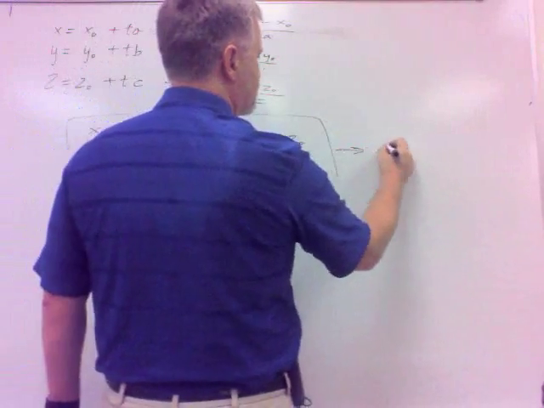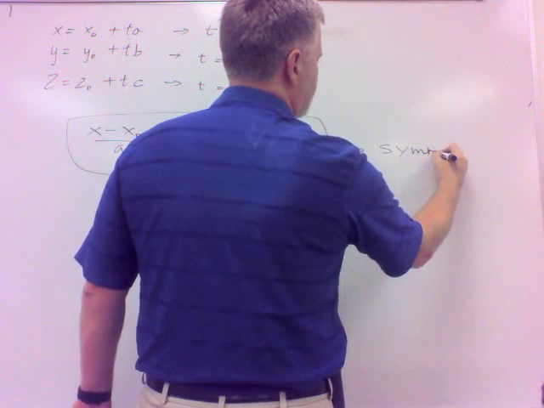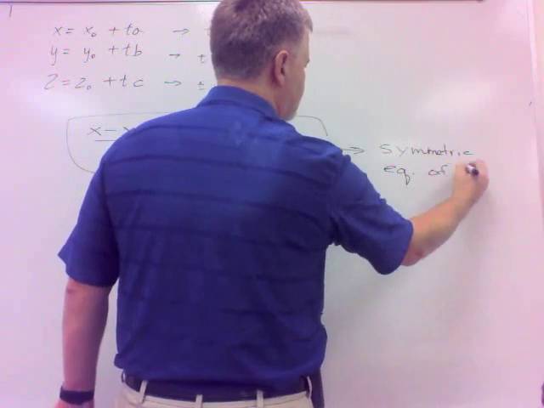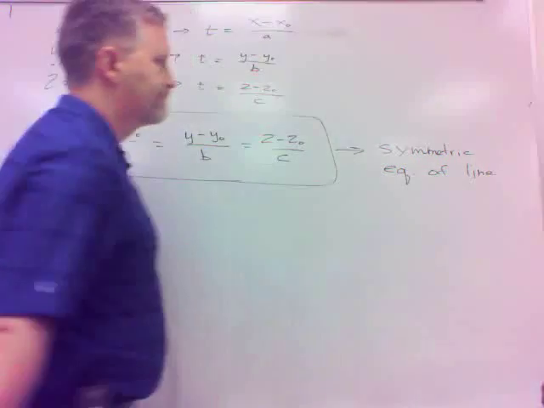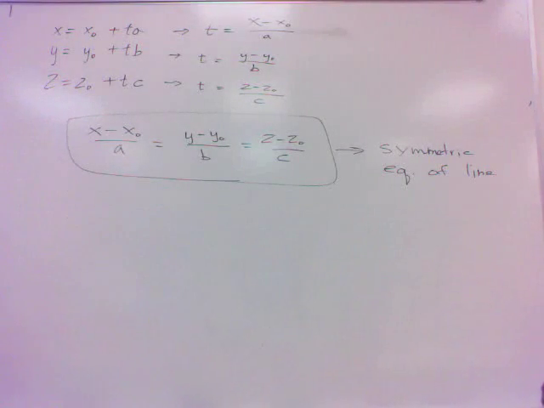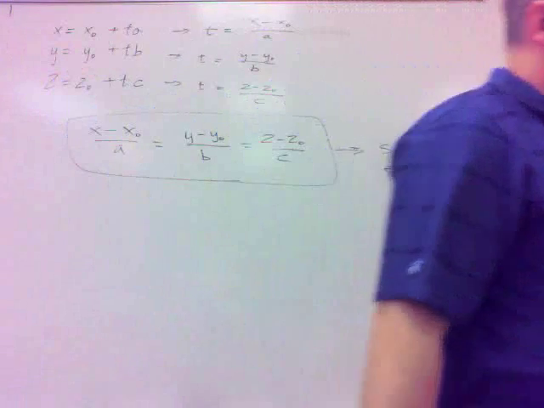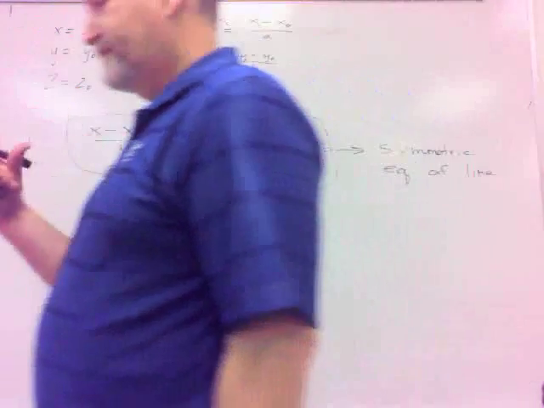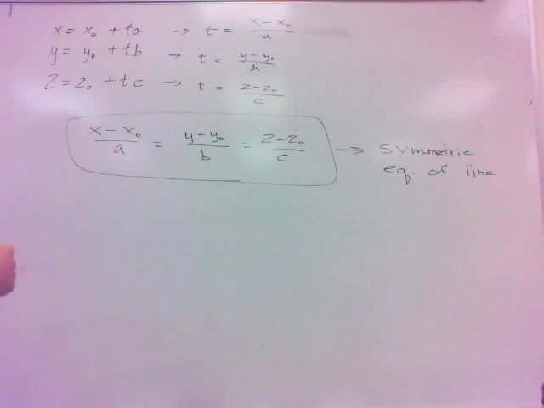This is the symmetric equation of a line. They call it the symmetric equation of a line, and it's just another way. Because if you think about it, all three ways have the same bits of information.